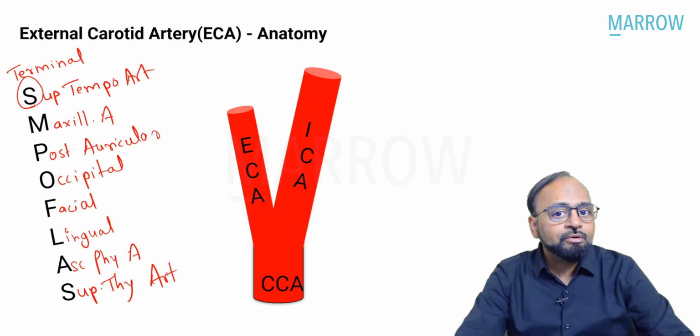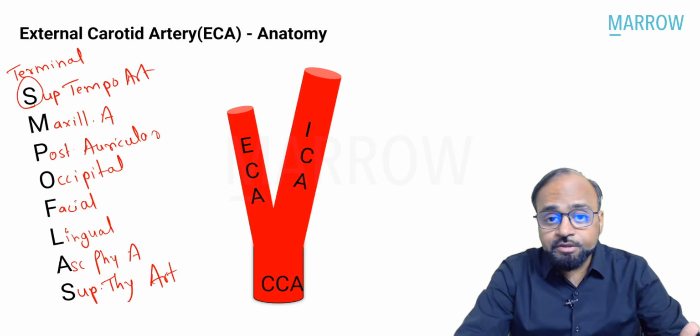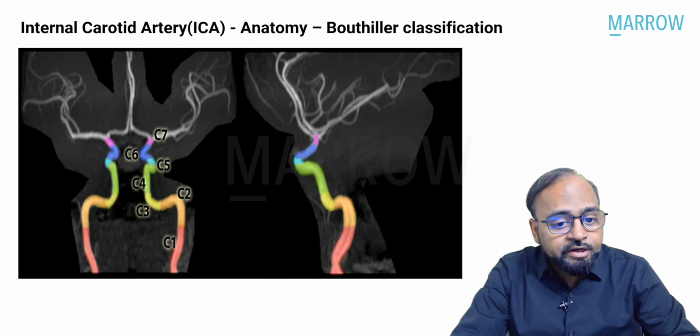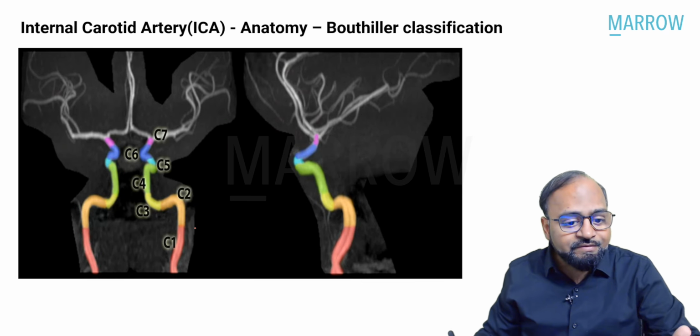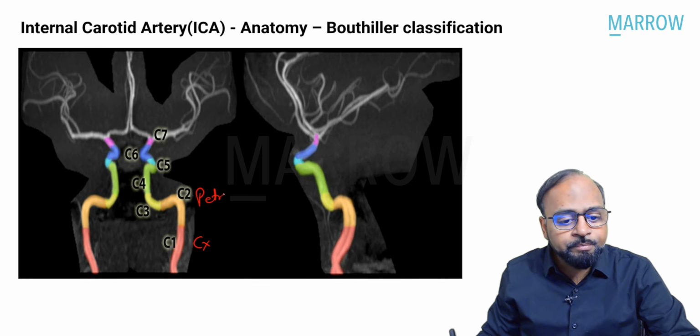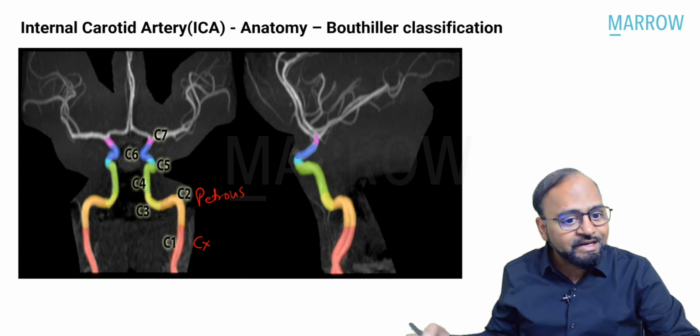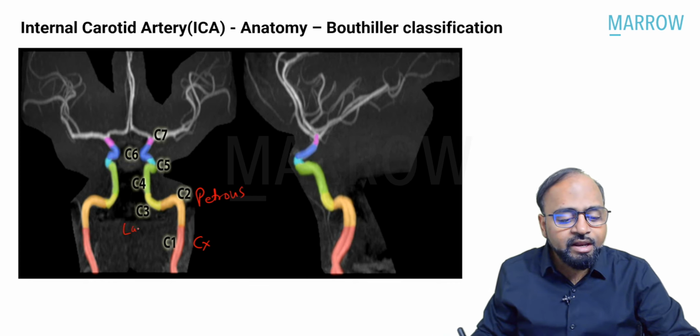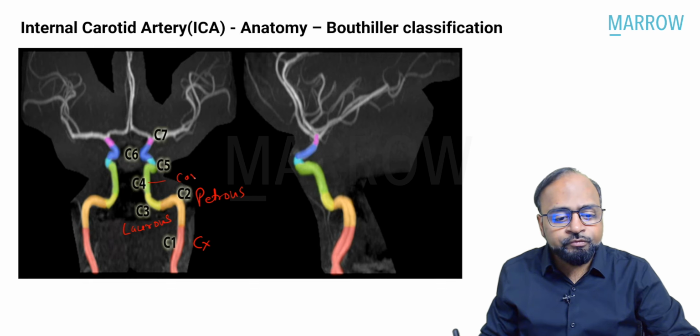Now the internal carotid artery, which we have seen is the main artery that supplies the brain, is divided into seven segments. We have a cervical segment, then a petrous segment, which is the second. The third is the lacerum segment. The fourth is the cavernous segment.